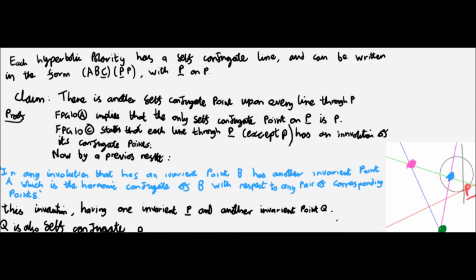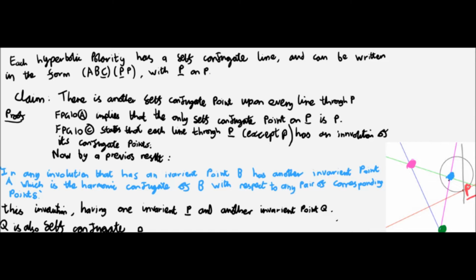Okay then, so firstly, the result from the last lecture, I think it's the first result, FPG 10a, stated that any self-conjugate line can only have at most one self-conjugate point on it. And P is a self-conjugate line, so big P can only be the only self-conjugate point on it.